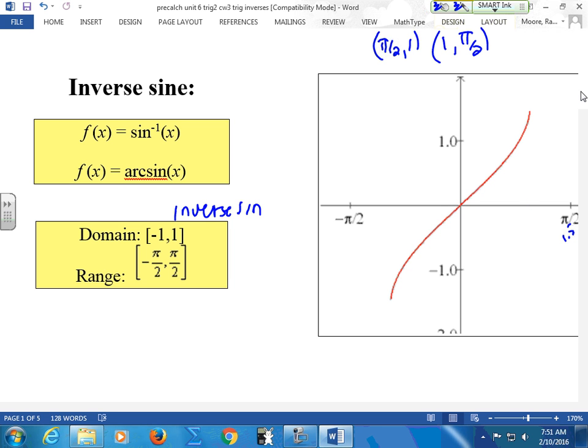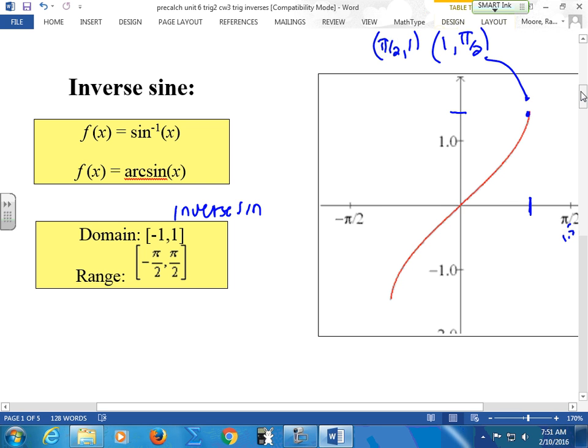Probably like over here somewhere. And my pi over 2, wouldn't that be up here? A little higher than the 1? This is this new point, graphed on the same axis. I'm not going to ask you to graph it, but I am going to ask you to understand what's going on. And you should be able to.